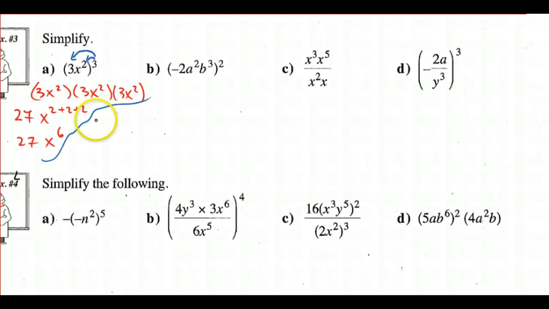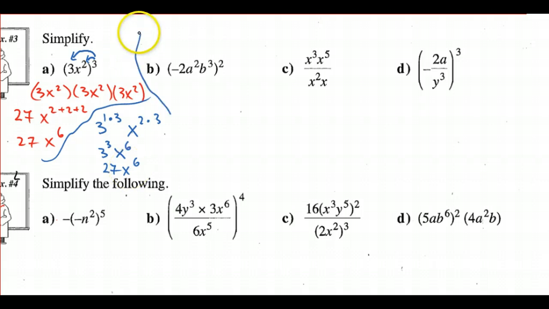So the exponent on the 3 is 1, and then I'm going to multiply the 3. And the exponent on the x is 2, and I'm going to multiply the 3. So it's a little bit different when we have a power of a power. In this case, it's going to be 3 to the 3, x to the 6. And 3 to the 3 is 27, x to the 6. So there's the quick way of doing that one.